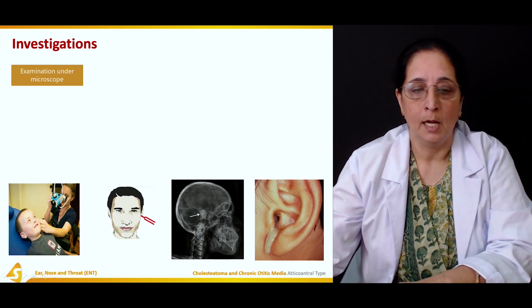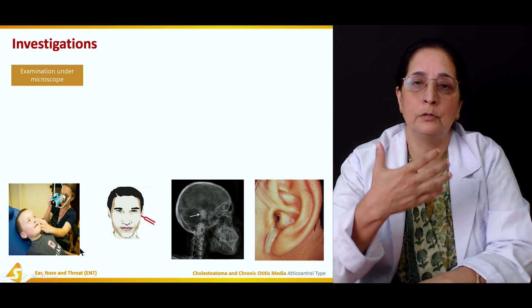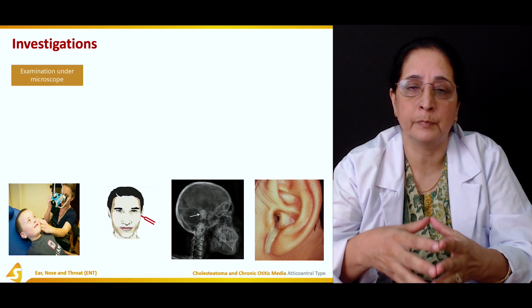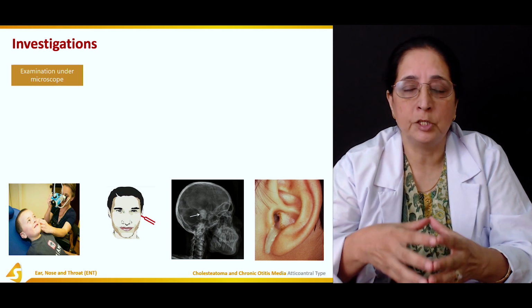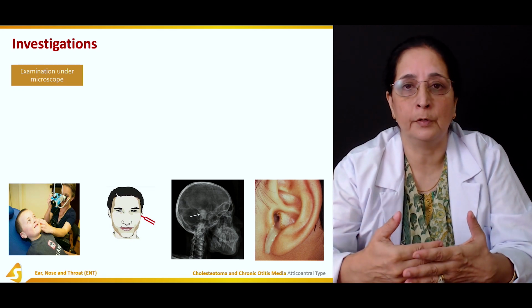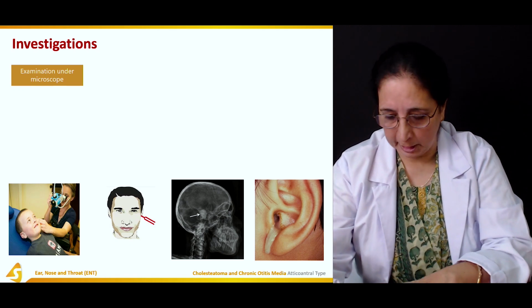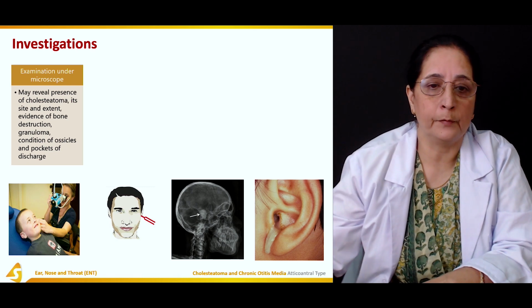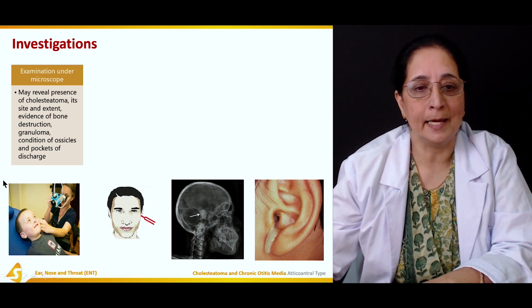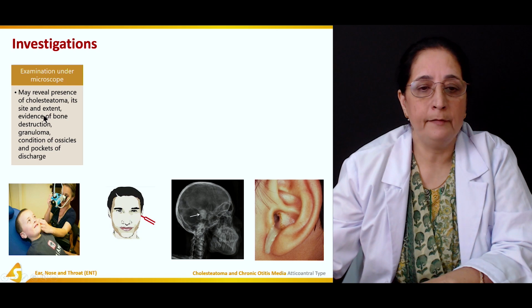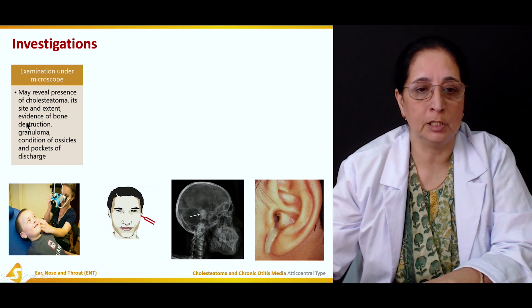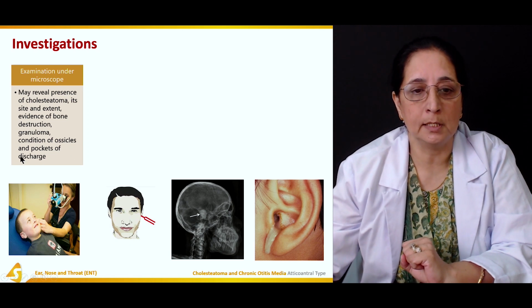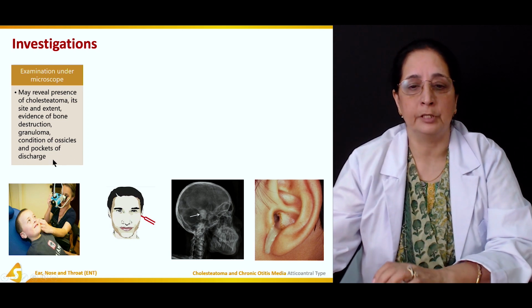Examination under the microscope gives us all the detail about discharges, perforation, cholesteatoma, and location of the perforation. It reveals the presence of cholesteatoma, its site and extent, evidence of bone destruction, granuloma if present, condition of the ossicles, and pockets of discharge.